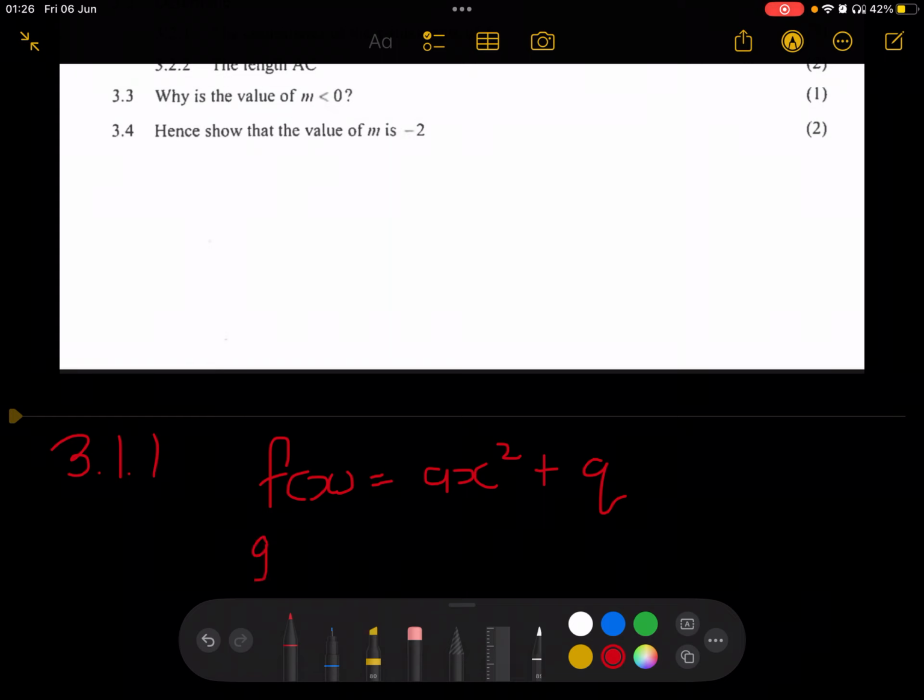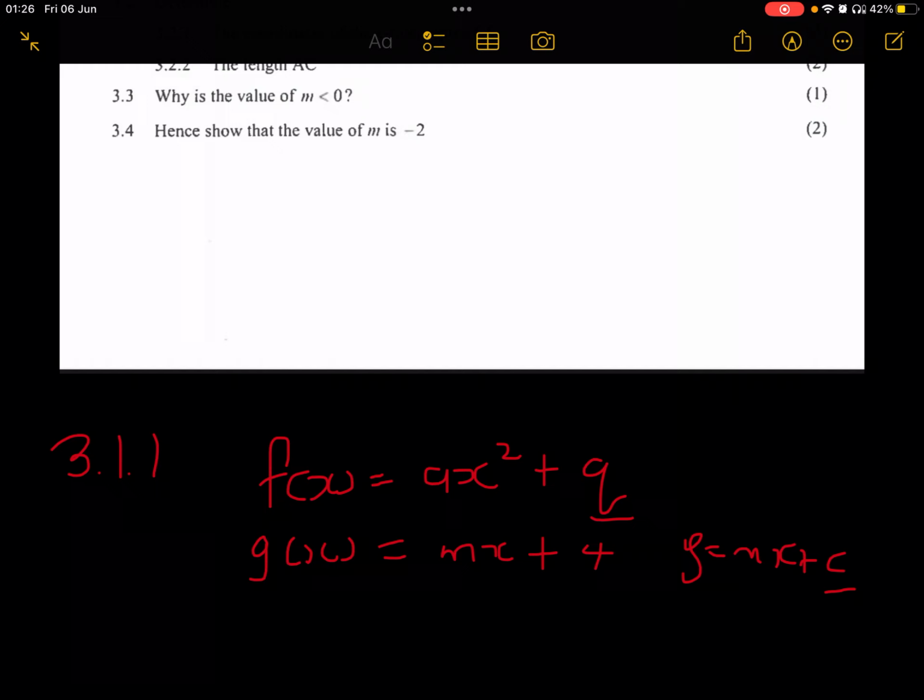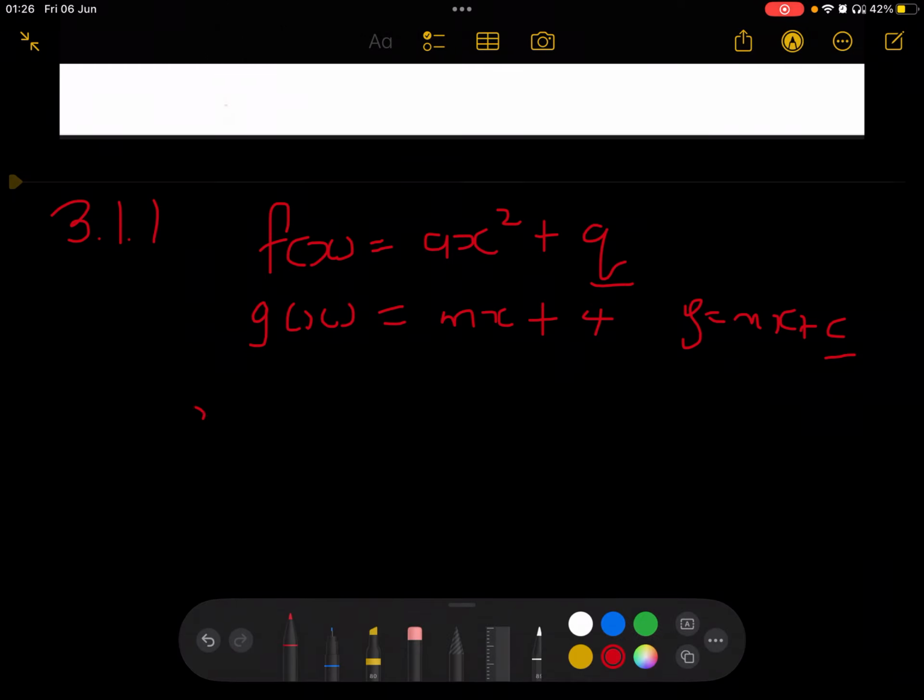And you're also given the graph of g of x, which is equal to mx plus 4. Now, this is also coming from y equals mx plus c. And your c value is the same as the q value since they said so in the statement. And therefore, your q value will be equal to 4.